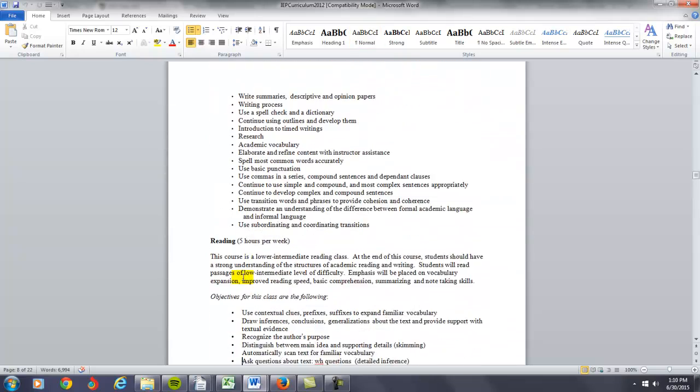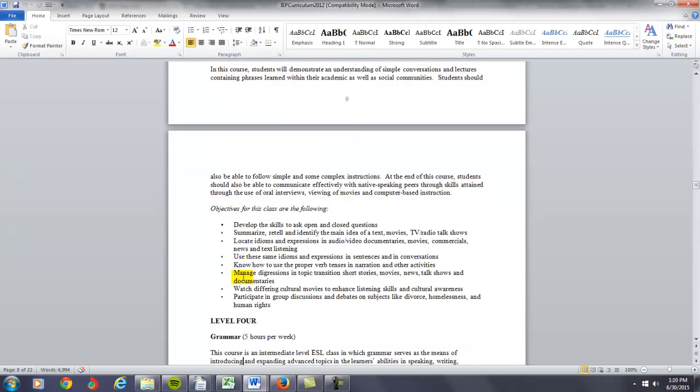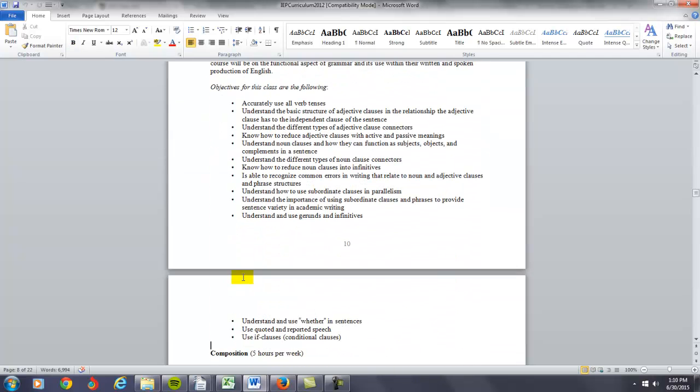So then once we get to Level 4, and we take a look at some of what's going on here, we see a lot of things about complex sentences, particularly with adjective clauses, noun clauses.